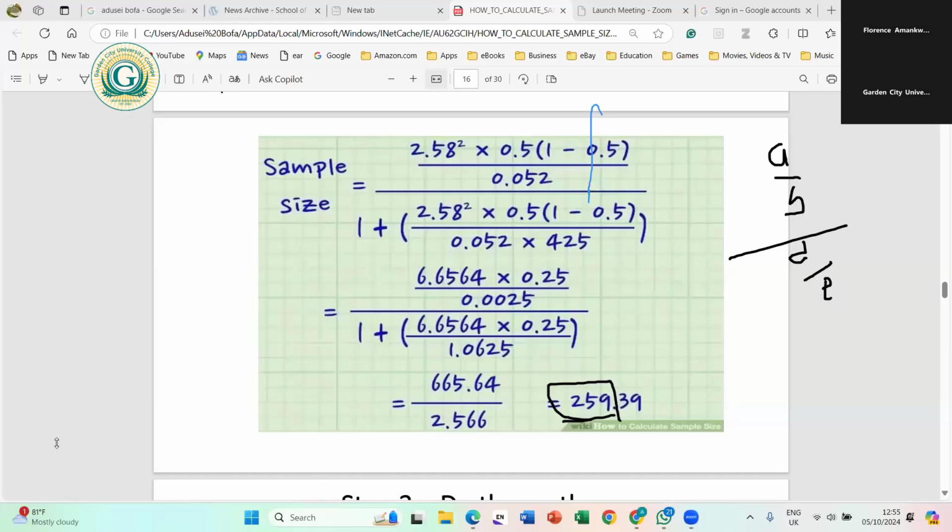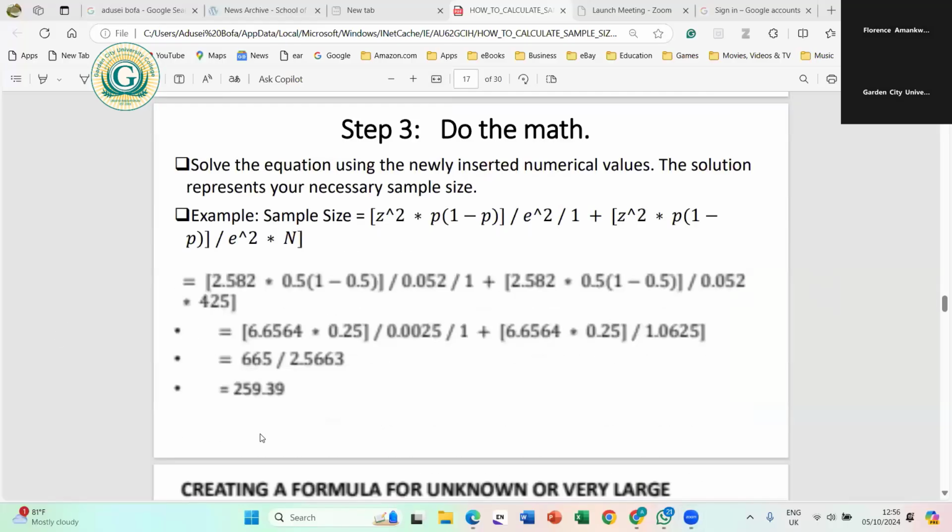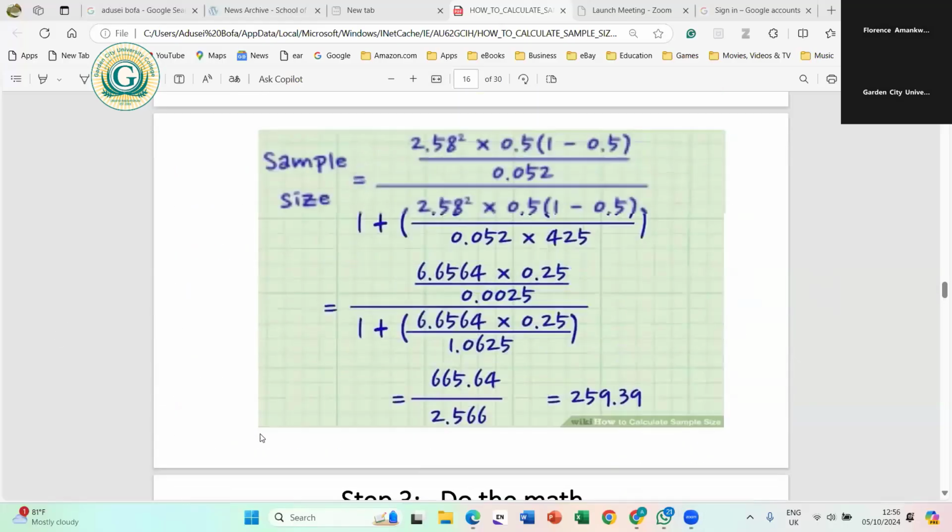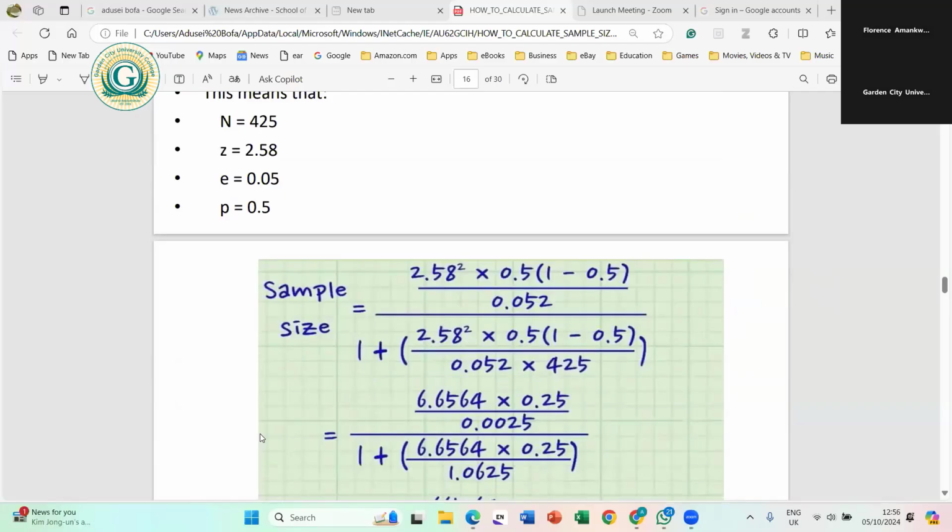Okay, so now let's move on to the next formula, which I use most often and which is mostly used. There are three formulas that we are to do today.